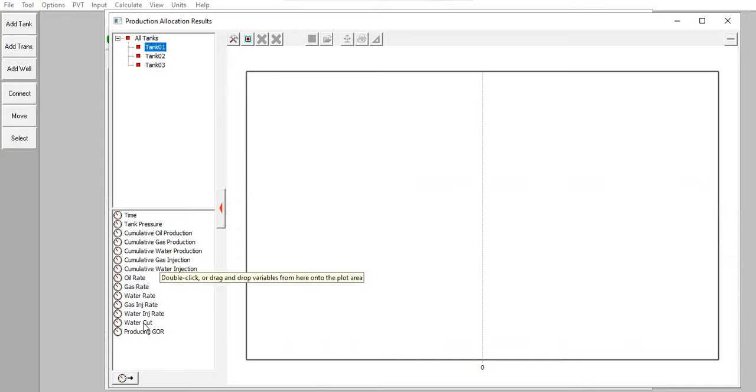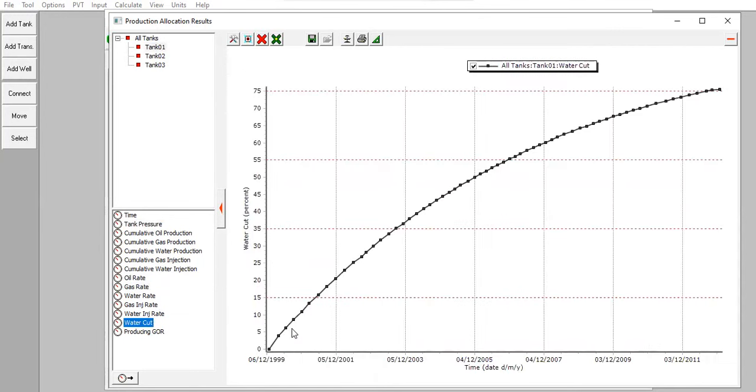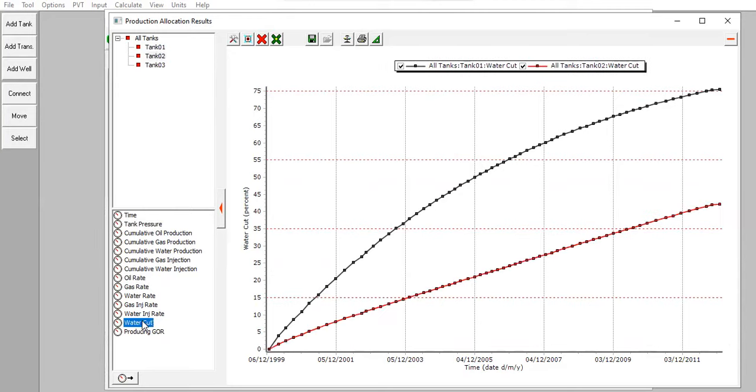Tank 1, water cut from 0 to 75, all right, in about 11 years. Tank 2, water cut. The water cut will rise slower compared to tank 1.